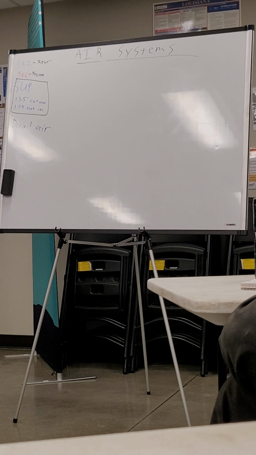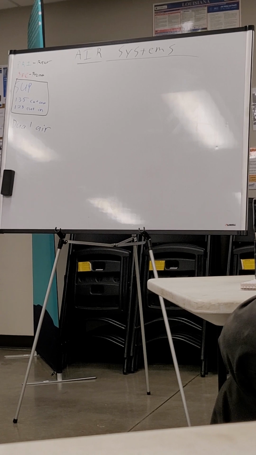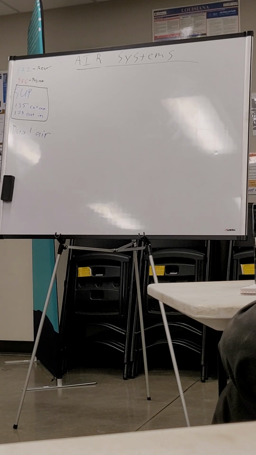The relay valve. Which relay valve? For the steer axle. What is the steer axle air supplied by? The secondary. Why? Because it's the only link between the steer axle brakes and the trailer brakes.